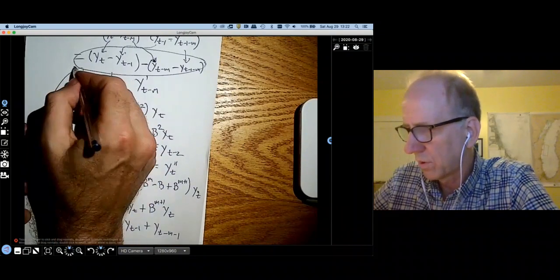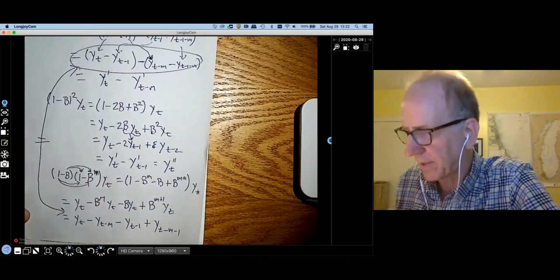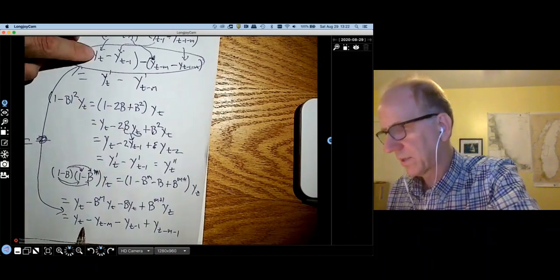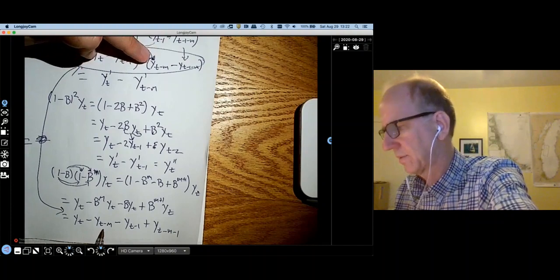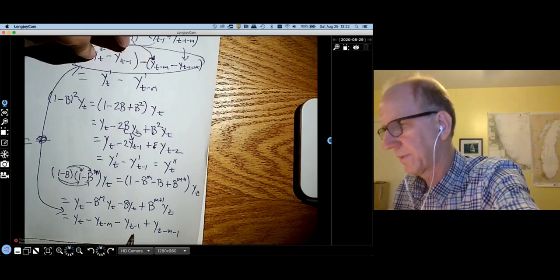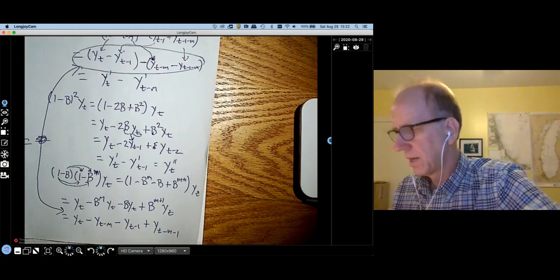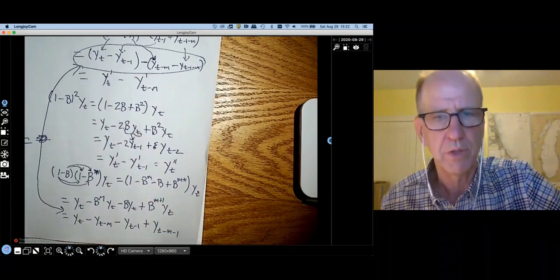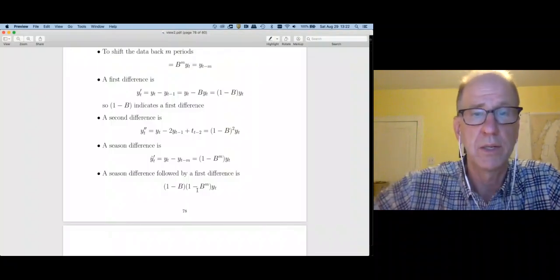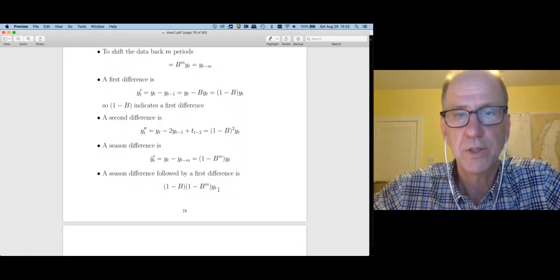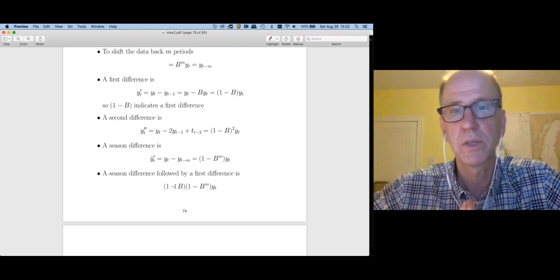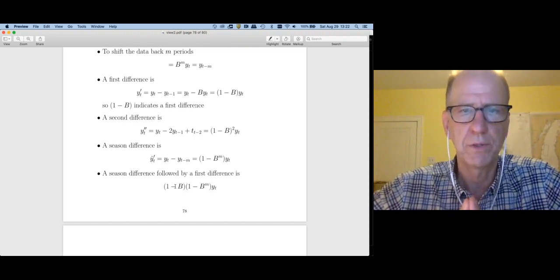So those two are equal. So we've got this term, we've got a minus yt minus 1. My claim is that what I've just shown is that this notation is the way we can write whenever we have a seasonal difference and a first order difference.